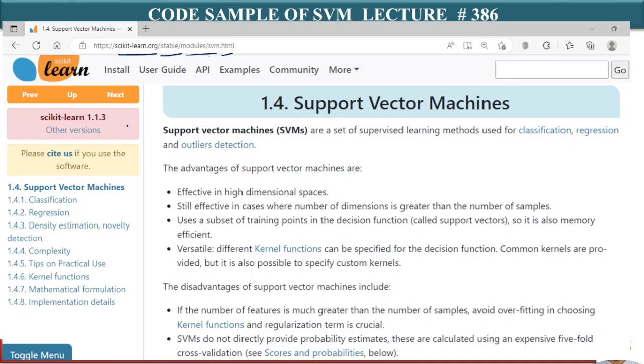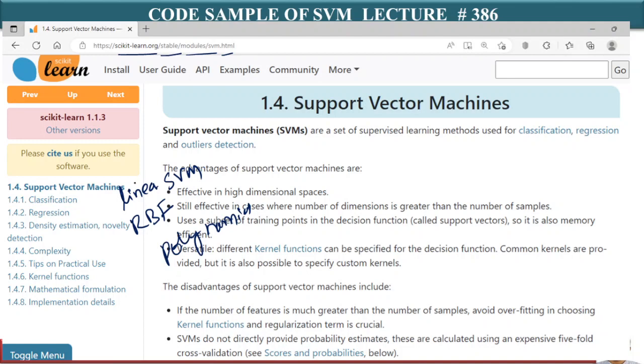For example, it talks about what happens if you apply linear SVM. It explains about linear SVM, RBF kernel SVM, or polynomial SVM. You can see documentation for different types of SVMs.